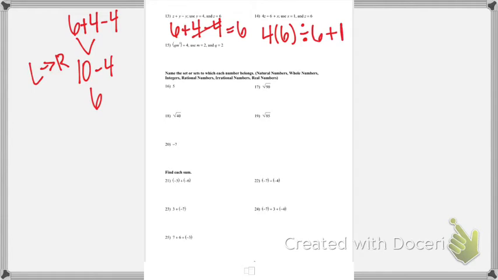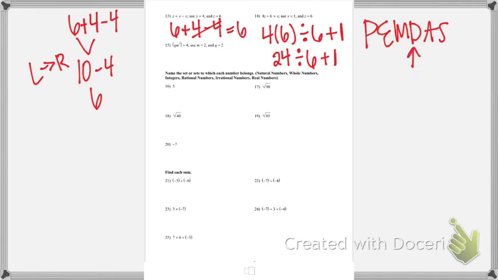So parentheses first. 4 times 6 is 24. Bring down whatever is left over. Now we have division and addition. Please excuse my dear Aunt Sally. Remember, division comes first. So 24 divided by 6 is 4. 4 plus 1 is 5.